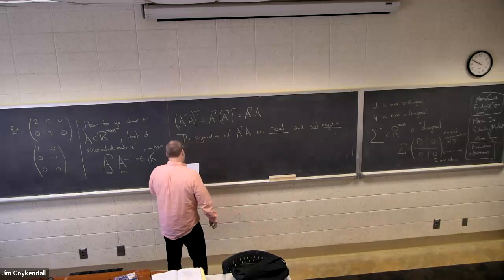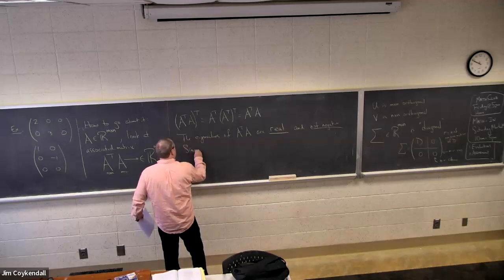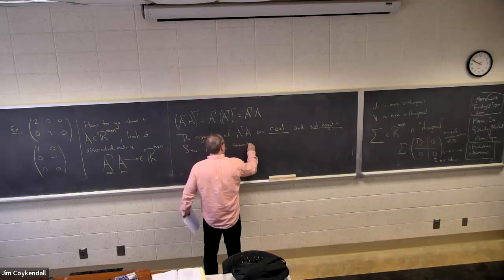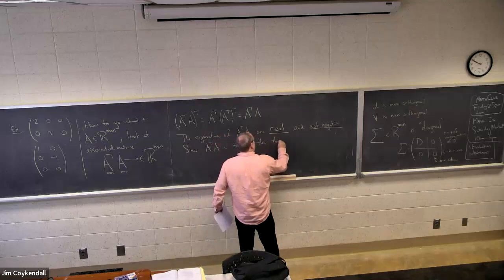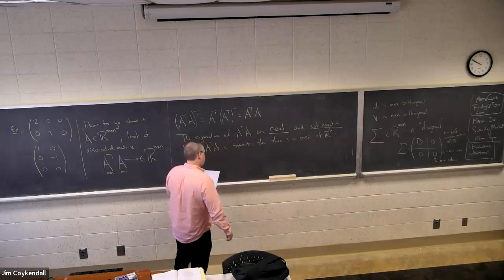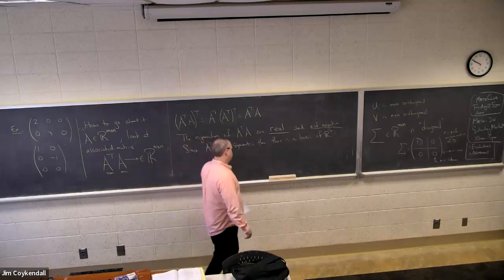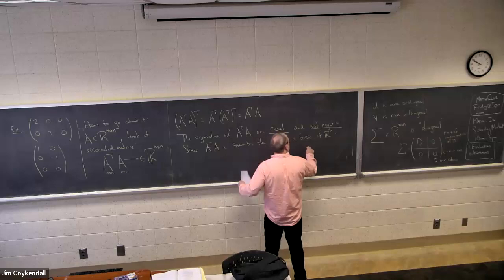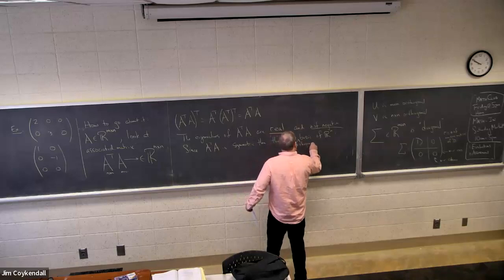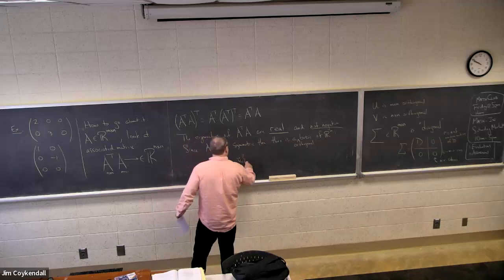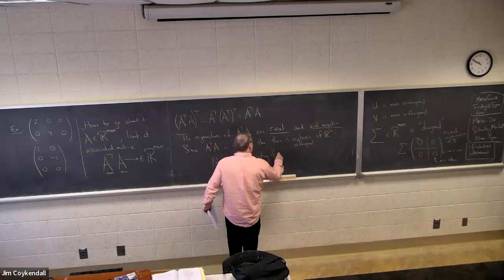I should probably demonstrate why this is true. Since A transpose A is symmetric, there is an orthogonal basis of R^n, which I'm going to call v1, v2, up to vn, consisting of eigenvectors.